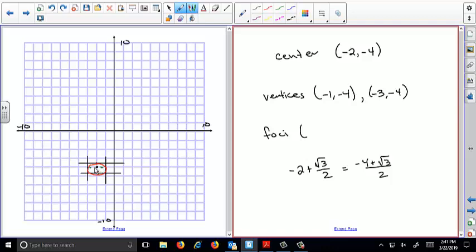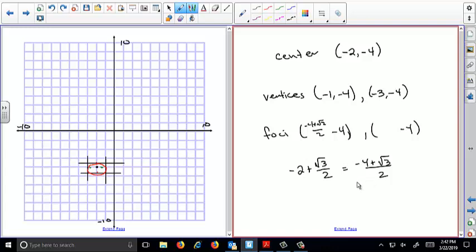Now the y value is -4 for both of those, so we're still at the same y value as these other things. These all have the same y value. And this one would be -4 plus the square root of 3/2.